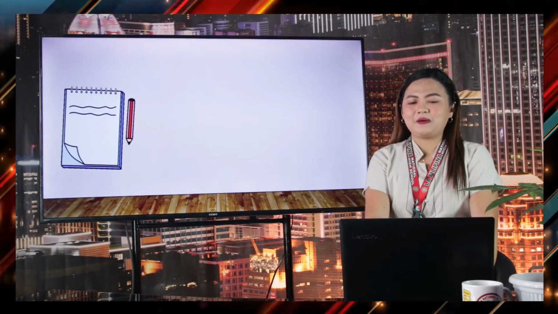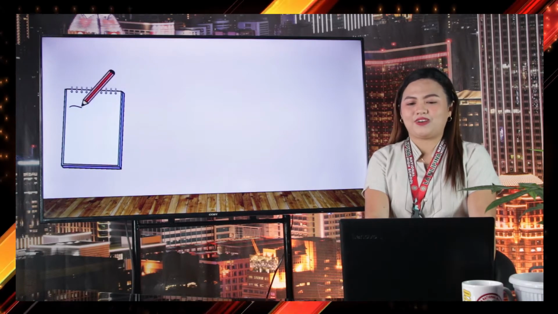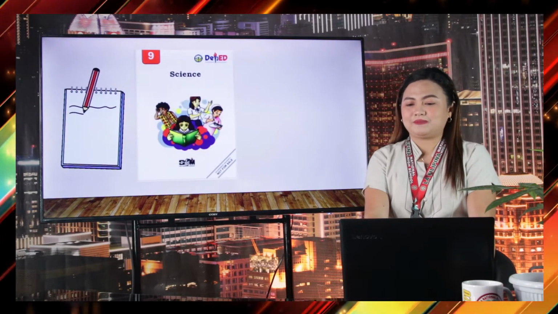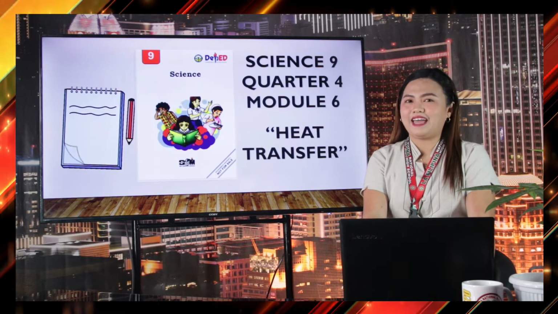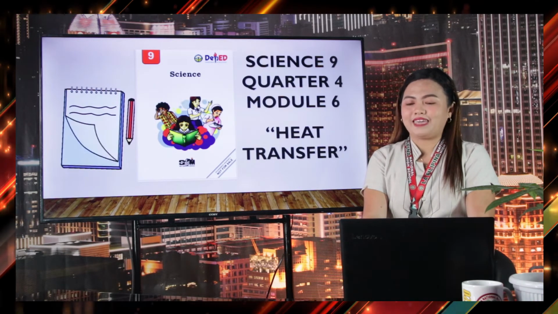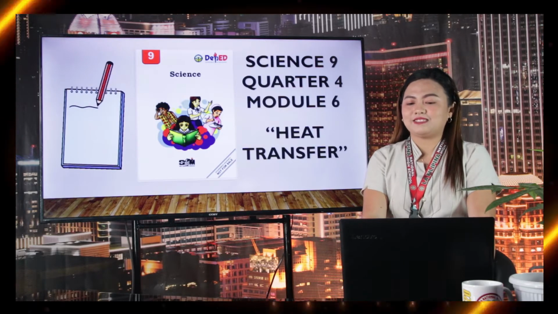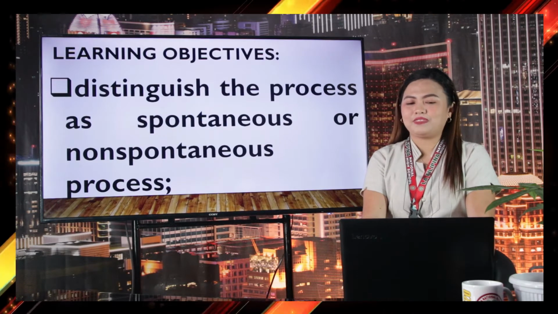Now, students, please get your paper and pen for we will start our adventure in Grade 9 Science, Quarter 4, Module 6, with the topic, Heat Transfer and Energy Transformation Make Heat Engine Works. Before we proceed, let us know first our lesson objectives. Number 1.